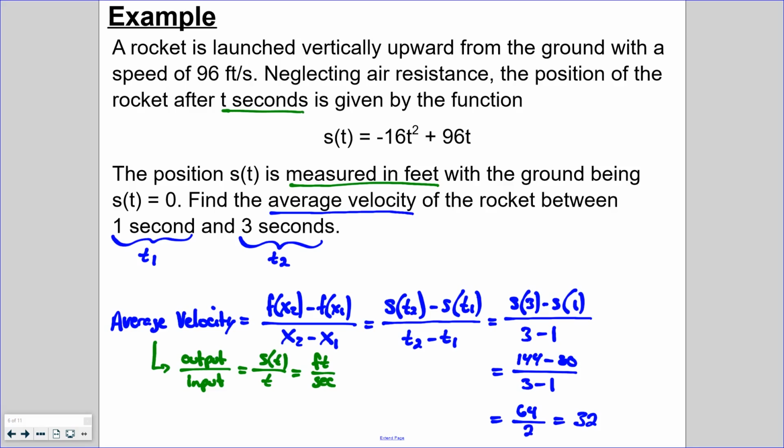So therefore, we can see that the average velocity is measured in feet per second, which means our average velocity is going to be 32 feet per second. And boom, there we have it. That is the average velocity of our rocket between 1 and 3 seconds.